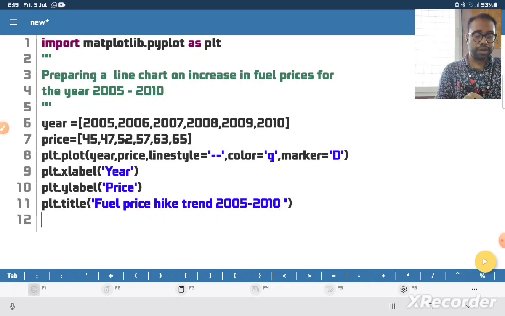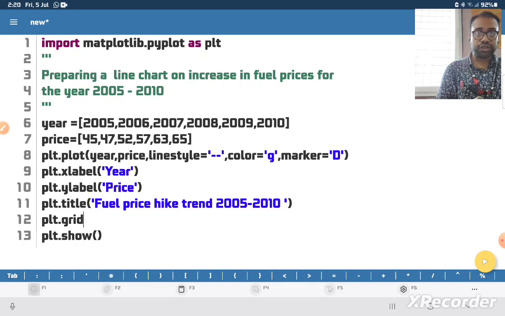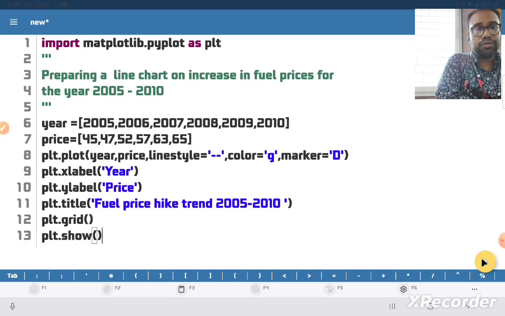And finally plt.xlabel, ylabel we have given. Finally plt.show. If you want to add the grid line, which is optional, you have to write another line that I just taught you, that is plt.grid. Now let us run the code and see what the output will be.